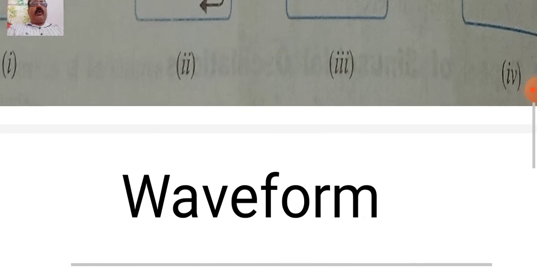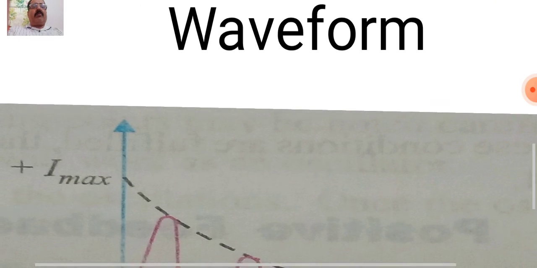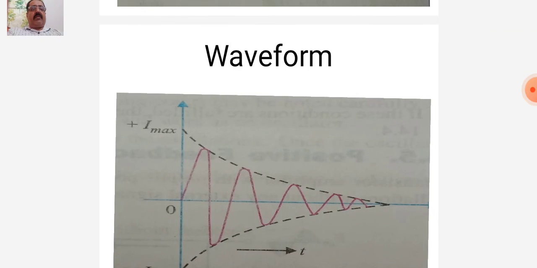So we have to consider what is the waveform of this. If there were no losses in the tank circuit to consume the energy, the interchange of energy between L and C would continue indefinitely.